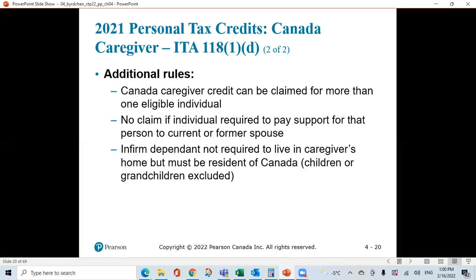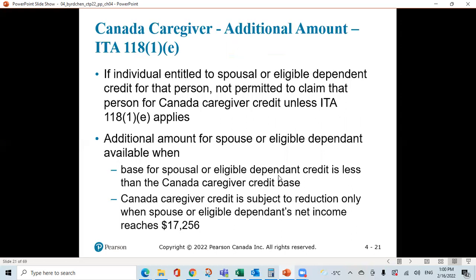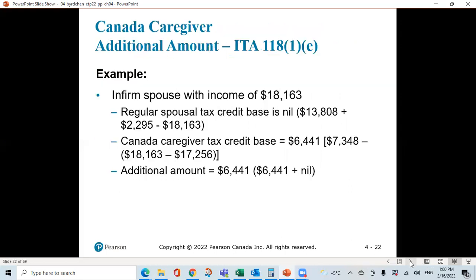You know what I mean? So the child caregiver amount will be 2,295 times 15%, and then plus the eligible dependent amount without adding that 2,295. So that is the basic of the rules. I think the next slide will be the examples.